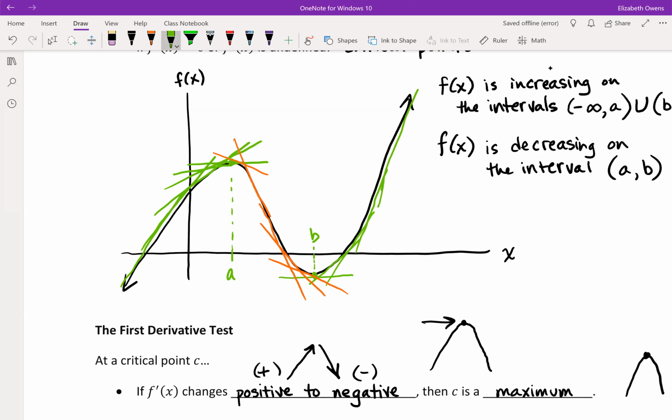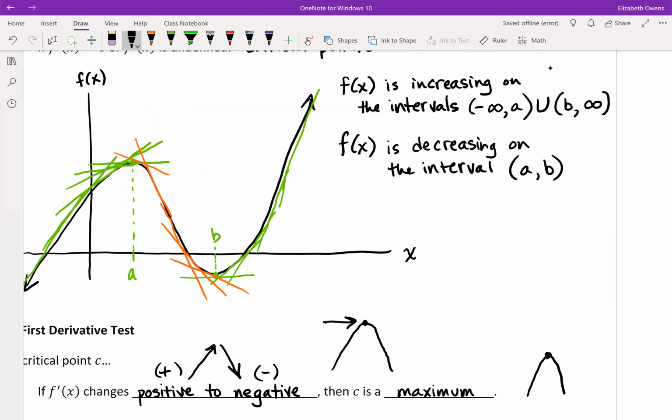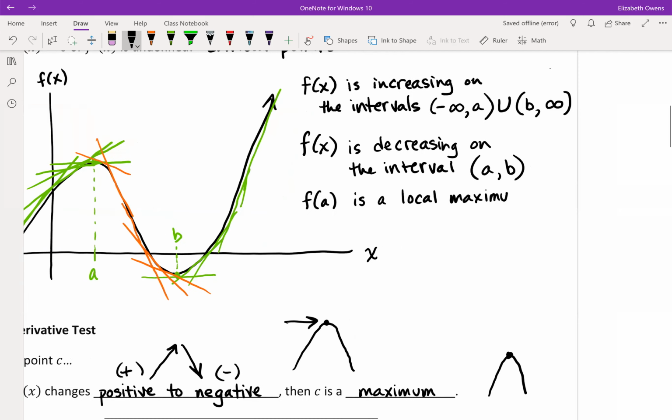So we can also see on that little graph that f of A is a local maximum for the function. f of A is higher than anything in its little neighborhood. So f of A is a local maximum, and we can get that from our first derivative test.